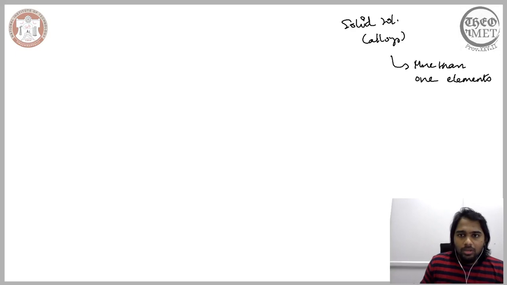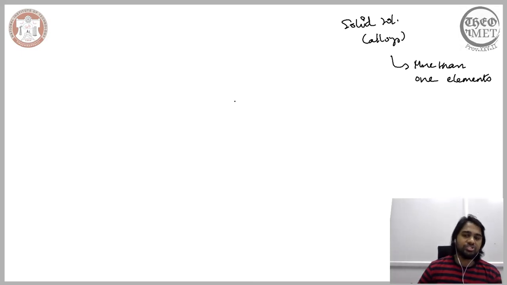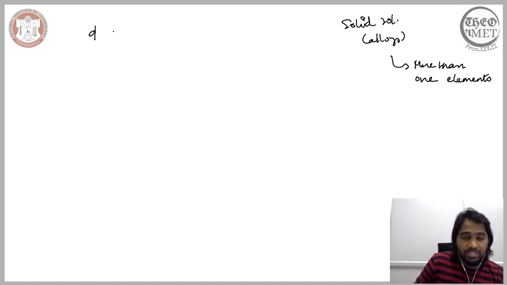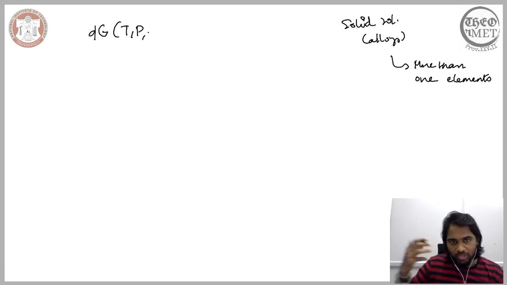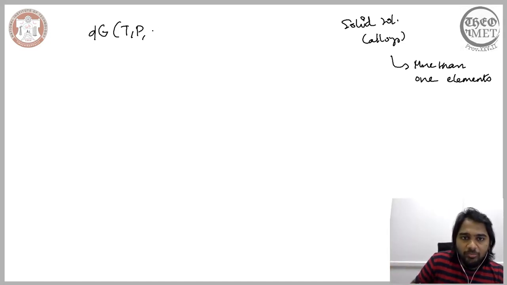Now, when you consider a solid solution, and when you want to describe the energy of the solution, or a change in the energy of the solution when it is experiencing a change, then we often adopt the Gibbs free energy, because in addition to being influenced by the temperature and pressure, the variables that are more accessible to us that can be changed in laboratory conditions, it is also dependent on the number of moles of the individual components, the individual elements present in the system.